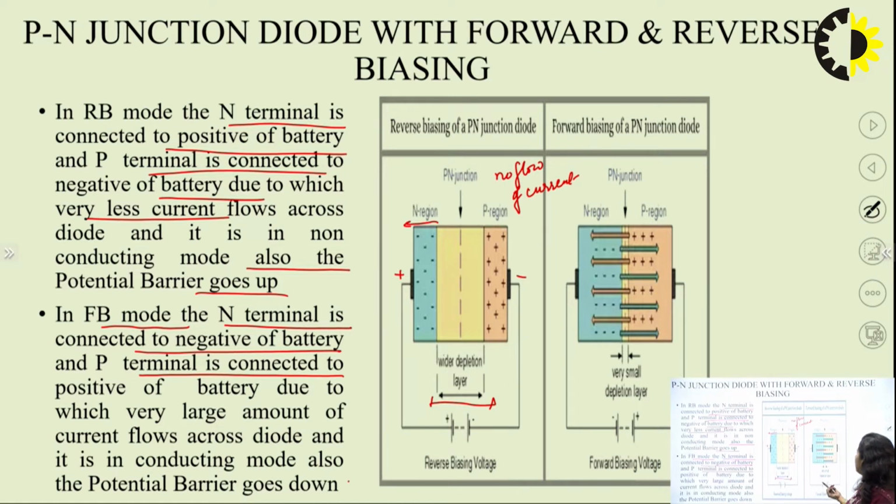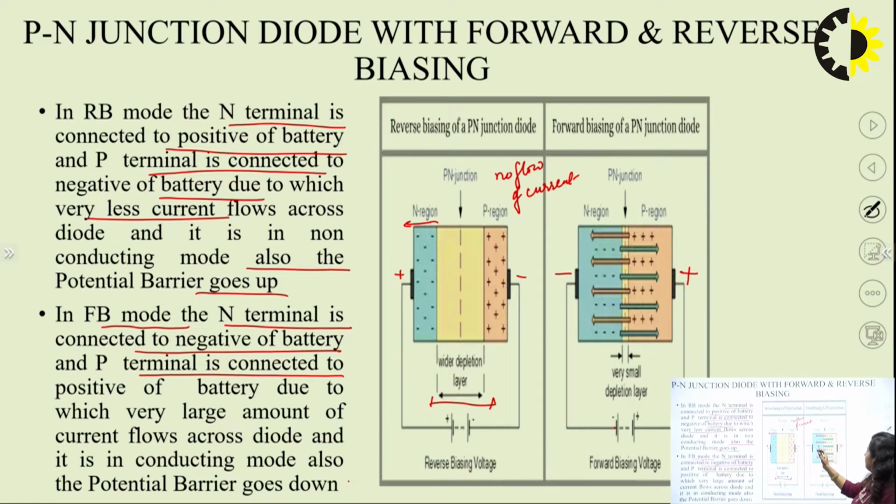So these two diagrams depict how the reverse biasing of a PN junction diode will work and how the forward biasing of the PN junction diode will work. You can see from the diagram that the N region has a majority of electrons, and the P region has a majority of holes. What will happen when you provide negative to the N side and positive to the P side?